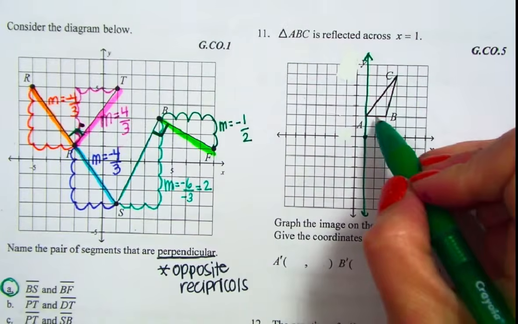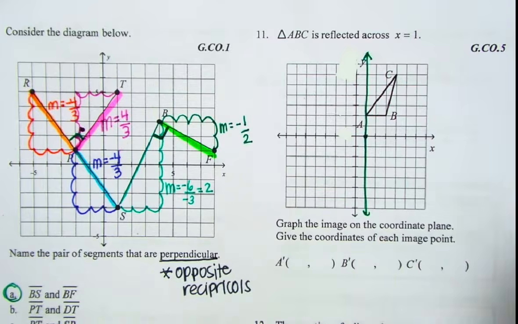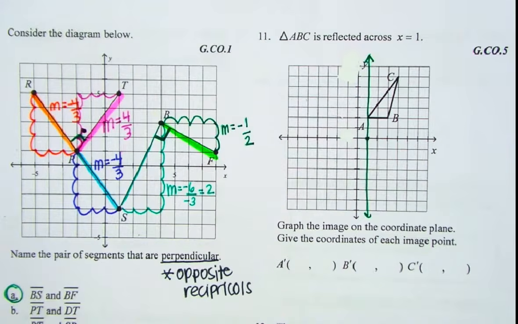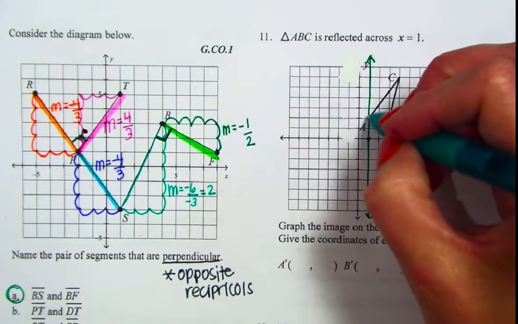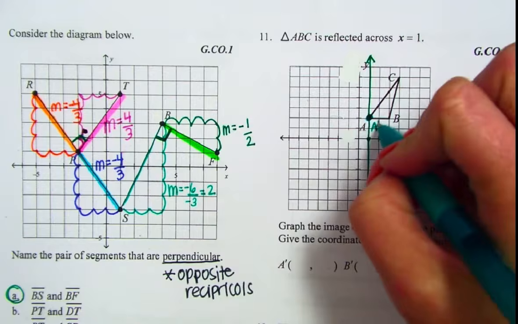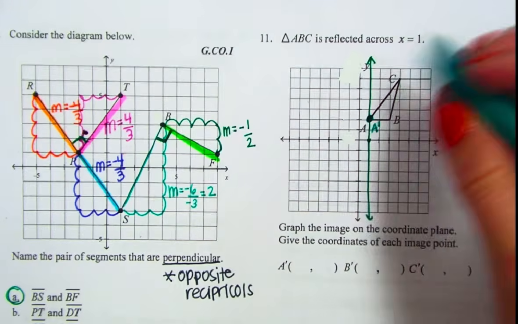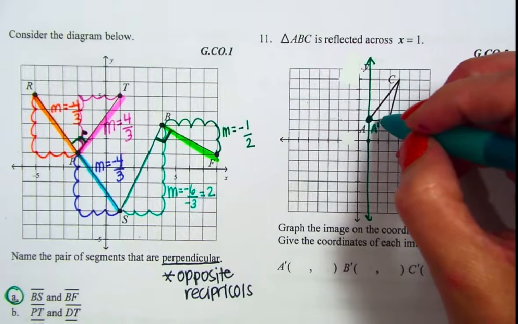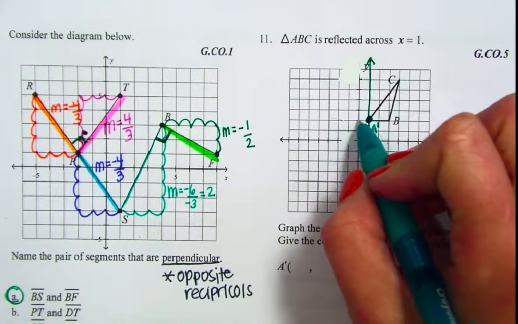So if I'm reflecting, it's going to flip and land over here across my line of reflection. So A prime, since it's on the line of reflection, A prime is going to land right here on A. So that one is not going to move. It lands on itself. Then B, since B is 2 to the right of my line of reflection, it has to be the same distance to the left.